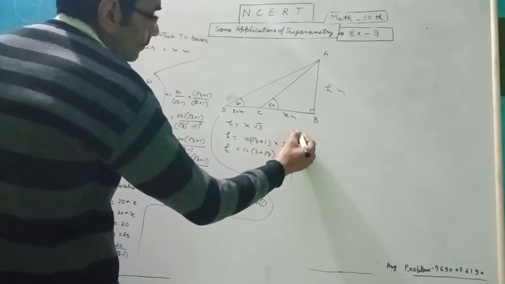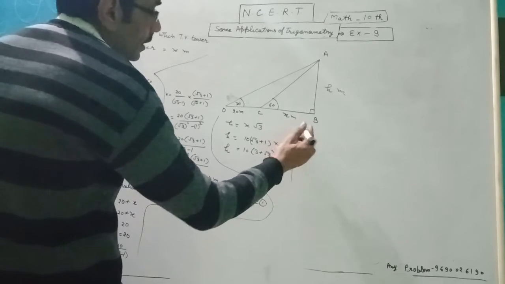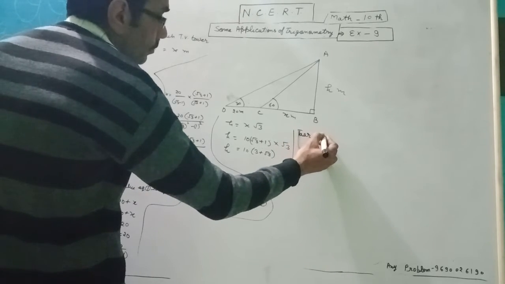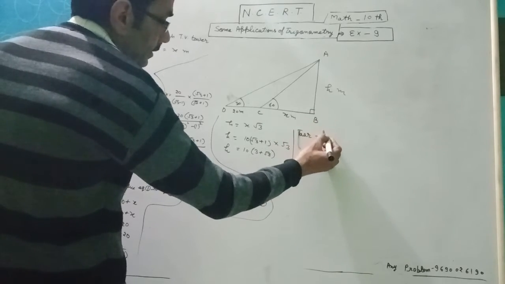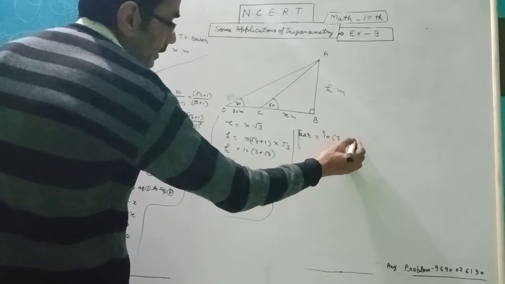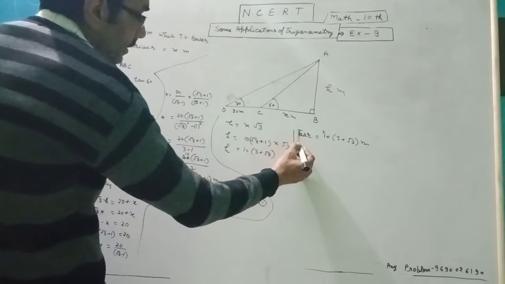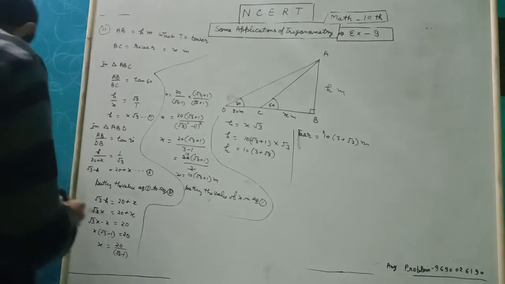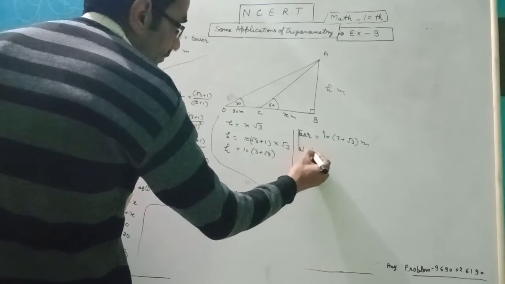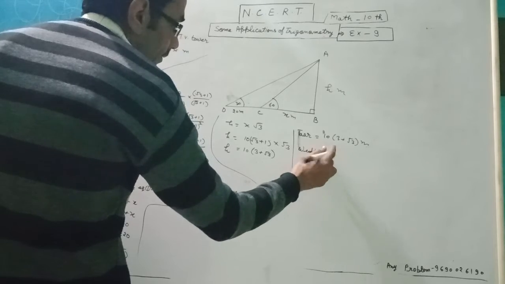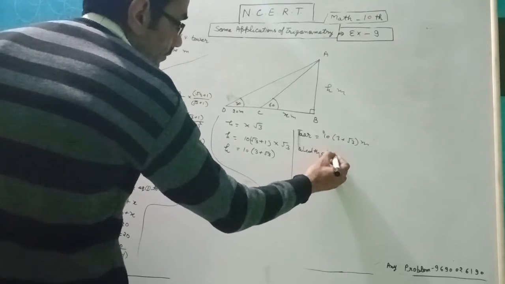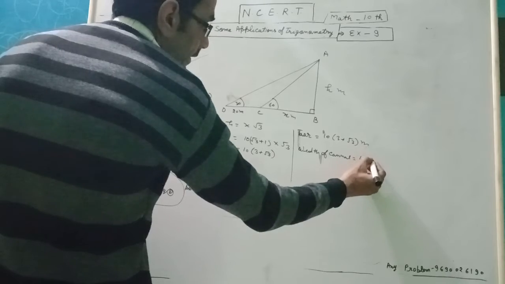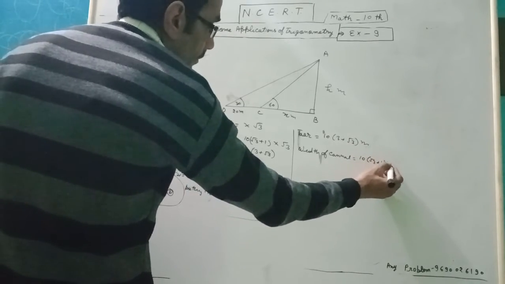Height of the TV tower is equal to 10 bracket 3 plus under root 3 meter, and width of canal is equal to 10 bracket under root 3 plus 1 meter.